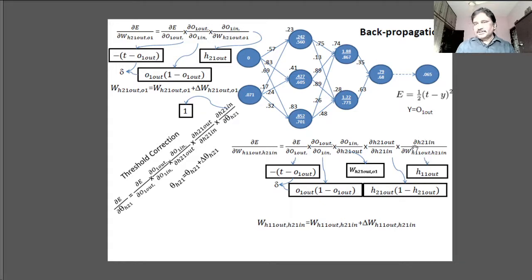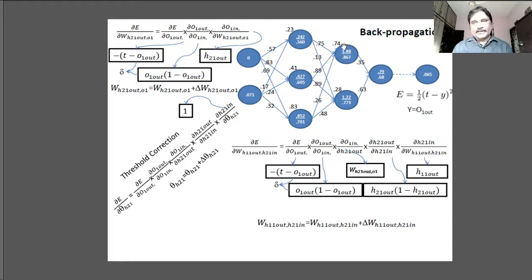So, the differentiation of H21 in with respect to this weight, with respect to this weight we are talking, and WH11 out with respect to H21 in. All right. So how to get the differentiation? Now we will have to find the relationship between H21 in and this weight.